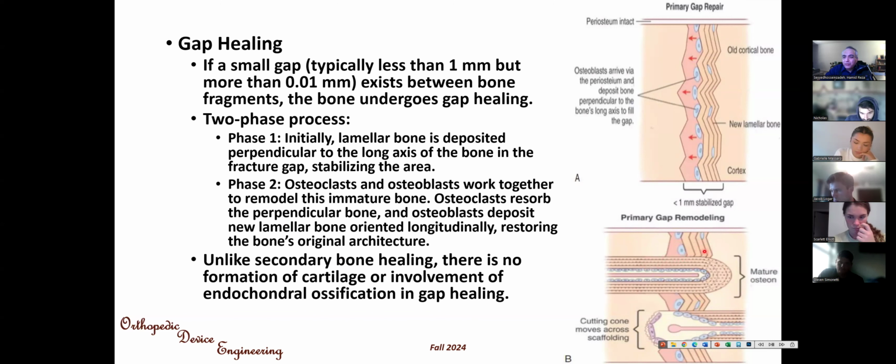And as you see, the bone is directly laid in both methods, both in gap healing and in contact healing. We have no cartilage, no soft tissue, no granulation tissue. Directly bone is laid down.